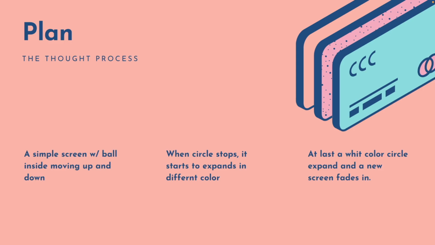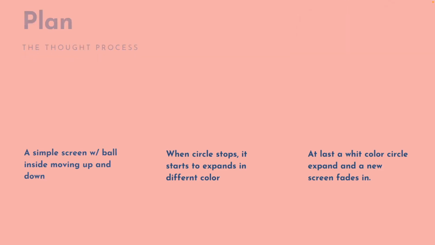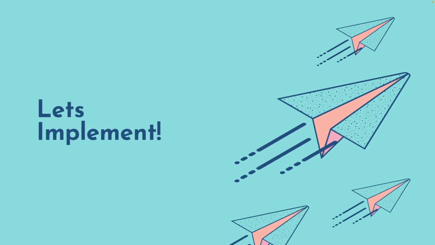It will come from the top of the device till the end, and then it will move again to the center, and then when the circle stops it starts to expand in a different color, and then at last a white color circle expands and a new screen fades in. Sorry for the typo. So now we will implement this. So let's start.